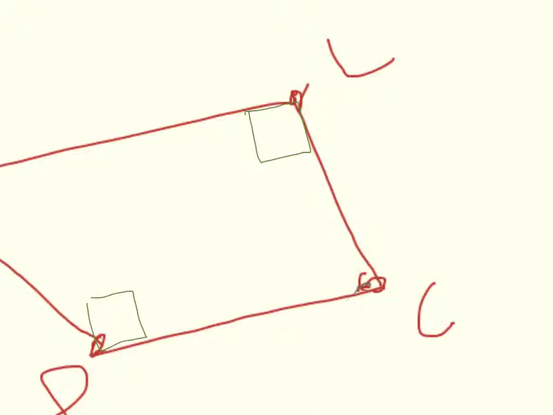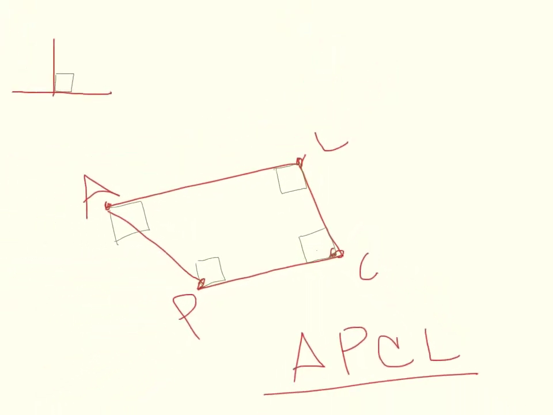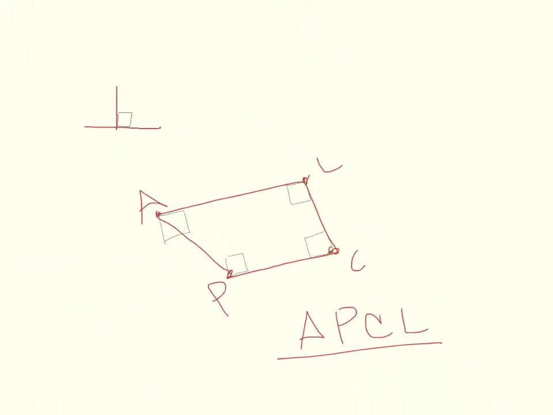Can I put a square in this one? Yes. Now you have to take into account that this is a drawing, so it's a little different, but if I were to ask you what angles are right angles, you would say L and C. Those are both right angles that we have on this quadrangle.